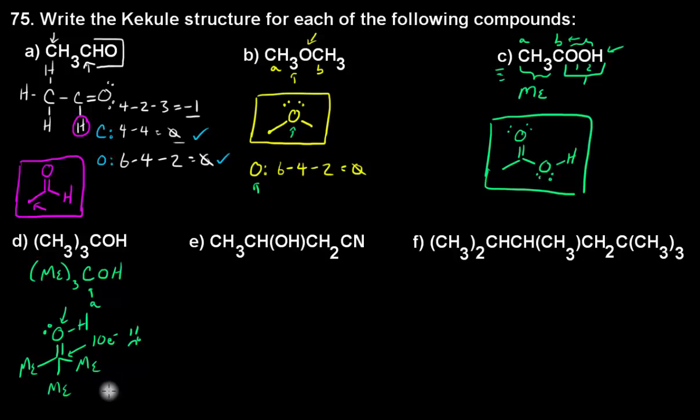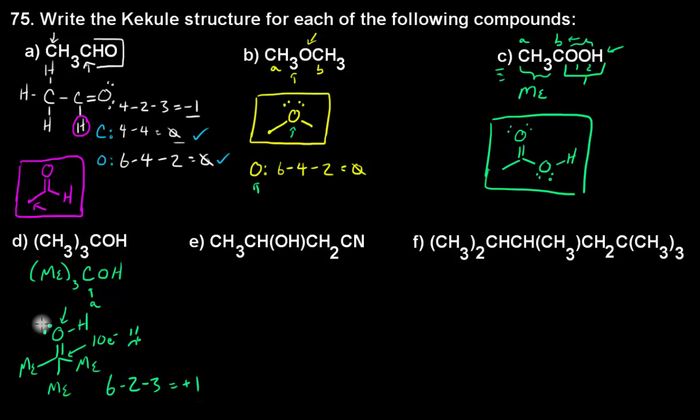It's a very important number. You need to memorize that number. So 6 minus 2 lone pairs, and then we're going to have 1, 2, 3 bonds. So 6 minus 2 minus 3 is going to equal plus 1.